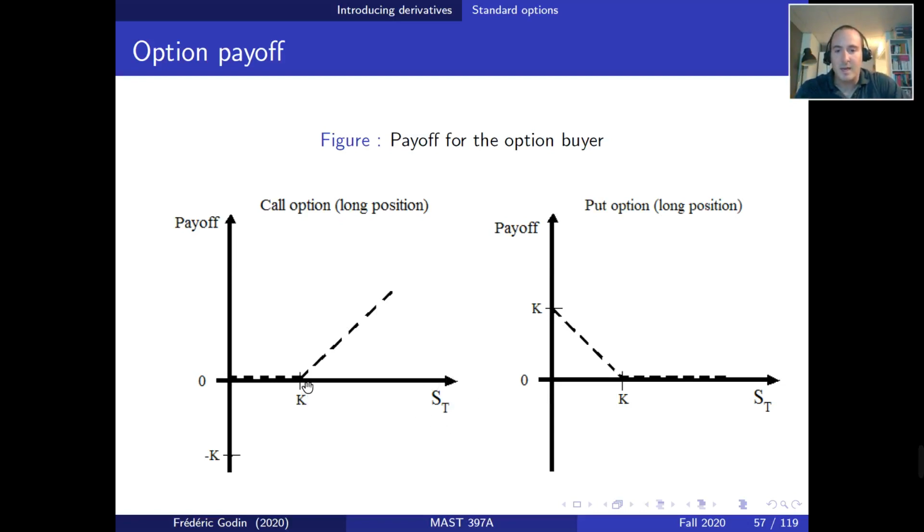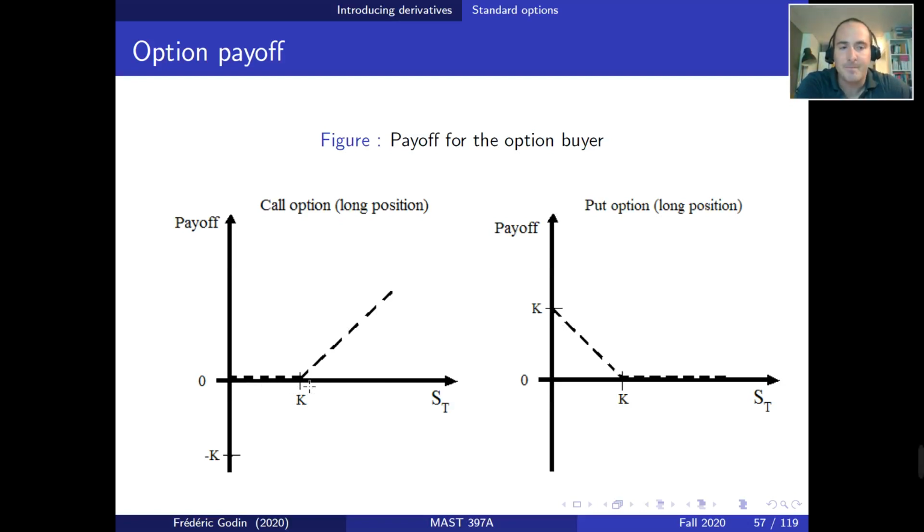This is the value K here. So if S capital T is smaller than K, if we're in this region, the underlying asset at maturity is smaller than K, then the option is not exercised. The call option expires without being exercised, so the payoff is 0.